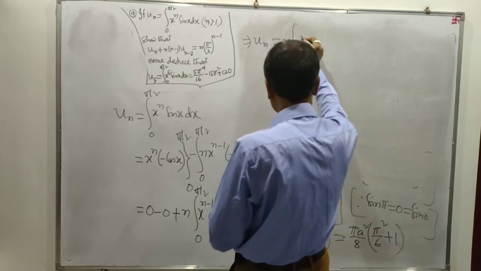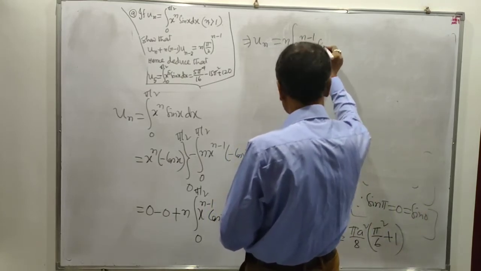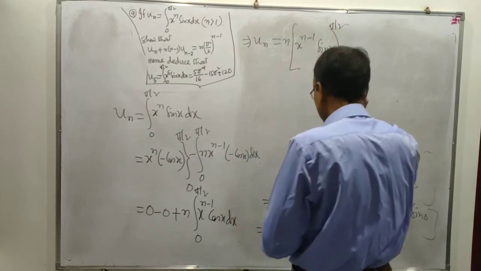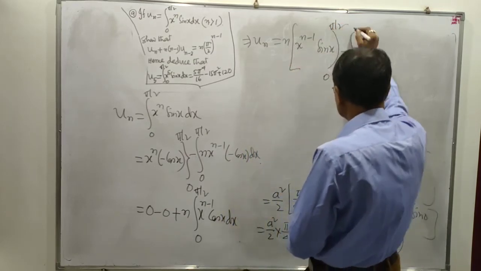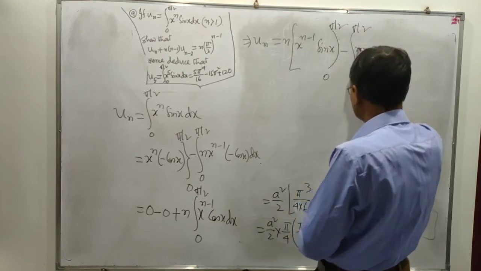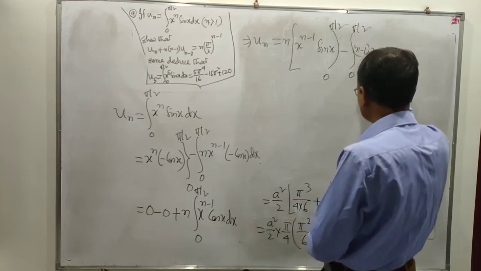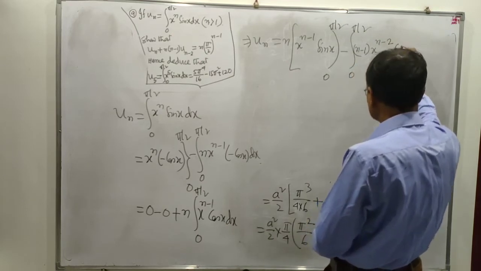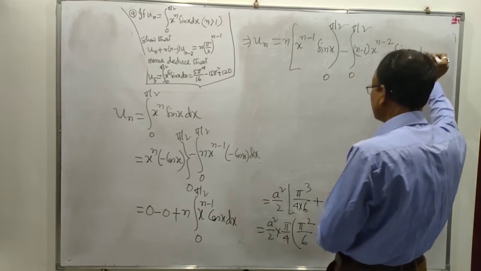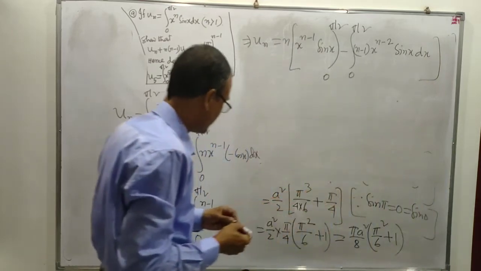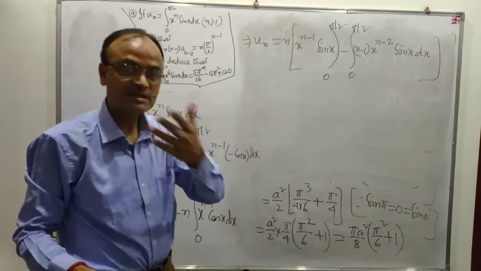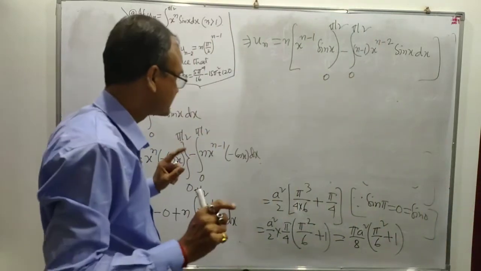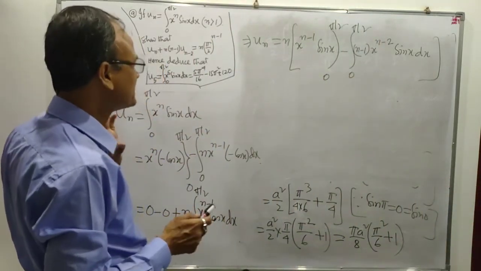First function x to the power n minus 1, sin x, 0 to pi by 2, minus integration 0 to pi by 2, the differentiation of the first function into integration of the second function, the integral of this. Again integrating by parts, taking cos x as the second function.